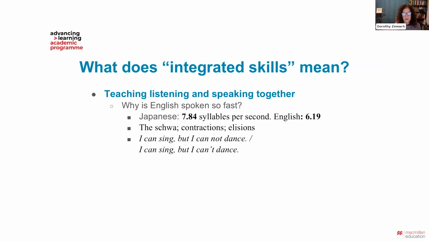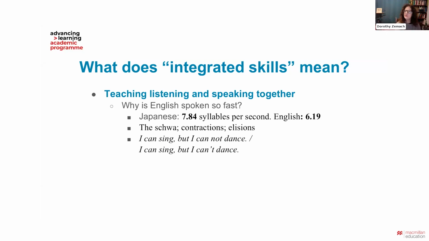The meaning is not hard to hear. But if a learner speaks like that, they're probably not going to understand me when I say, "I can sing, but I can't dance." They hear a few accented syllables, but the meaning of the sentence isn't there.